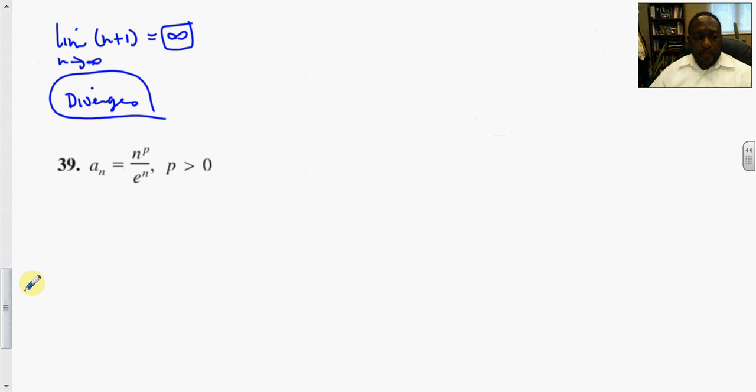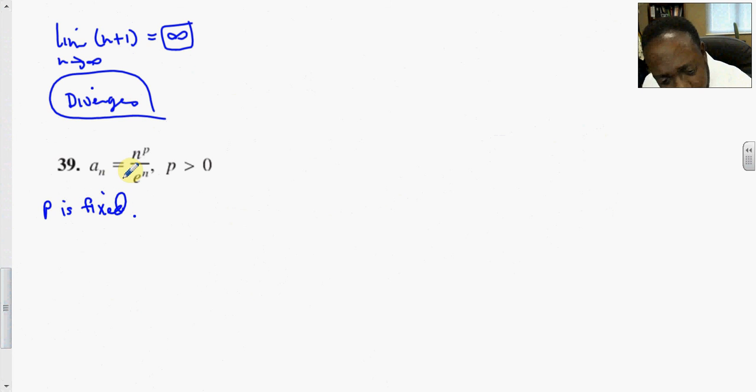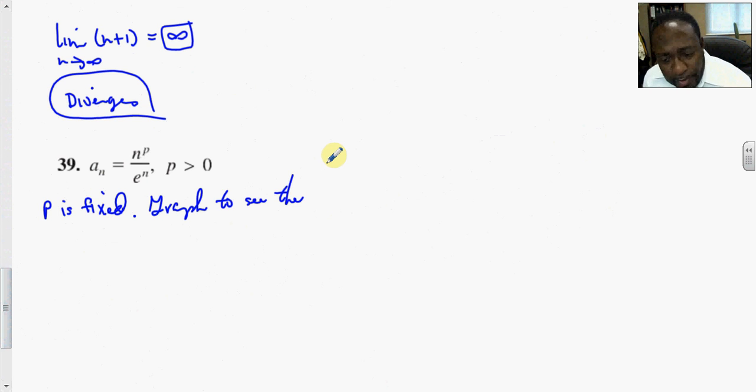Now, for this problem, I had to graph this. You can pick some number for p. P is said to be fixed. I graph this to see the limit.